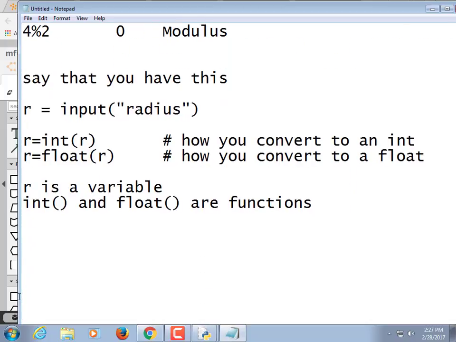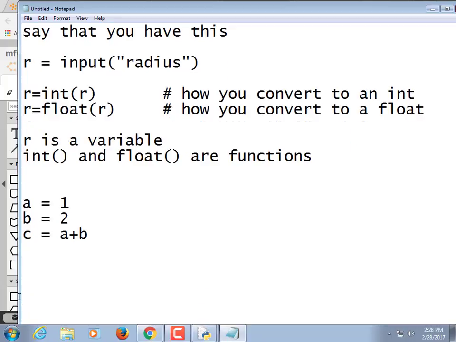Alright, if you have A is equal to 1, B is equal to 2, C is equal to A plus B. And then you have name is equal to Lady plus Gaga. There we go. The renowned musician of our times. Here we go.